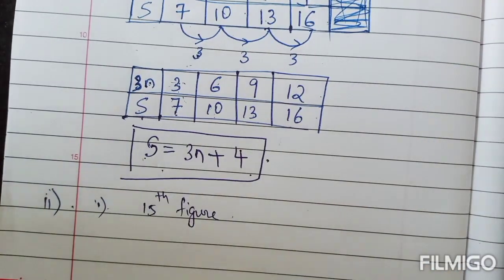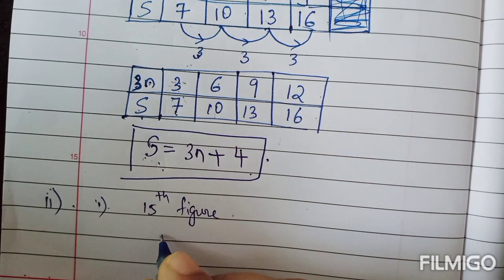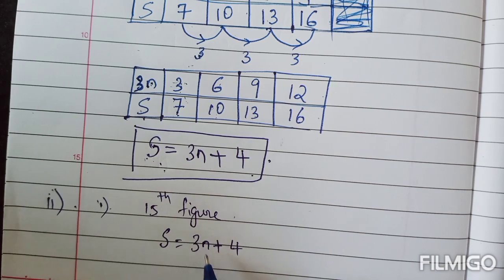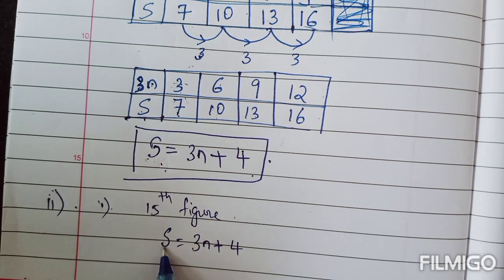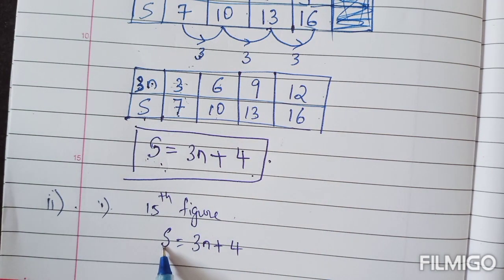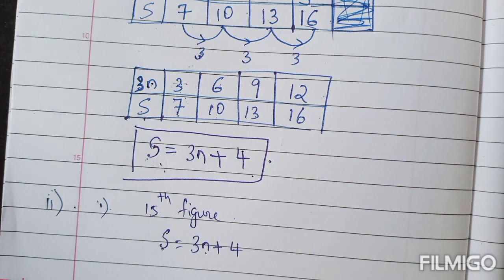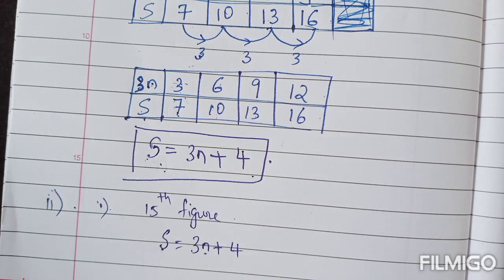In the first question we found s equal to 3n plus 4. This means s is the number of matchsticks used in a figure. n means number of figure. s എന്ന് പറയുന്നത് ഓരോ ഫിഗറിലും യൂസ് ചെയ്യുന്ന നമ്പർ ഓഫ് മാച്ച്സ്റ്റിക് ആണ്. n എന്ന് പറയുന്നത് നമ്പർ ഓഫ് ഫിഗർ, ആ പാറ്റേണിൽ എത്രാമത്തെ ഫിഗറാണ് എന്നുള്ളതാണ് n.